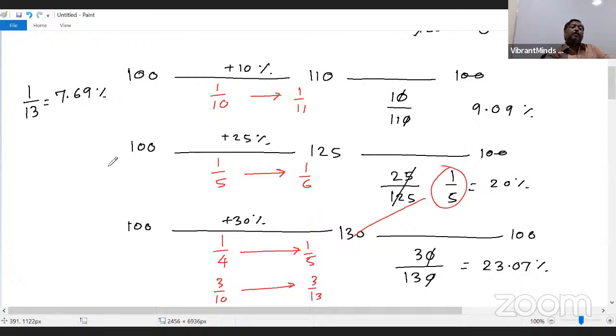So this question can be categorized: if we increase the price by P by Q, we will have to reduce our consumption by P by Q plus P. And that we will convert into percentage. Is it clear? Is it clear now, everyone?